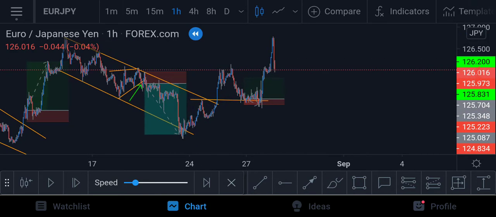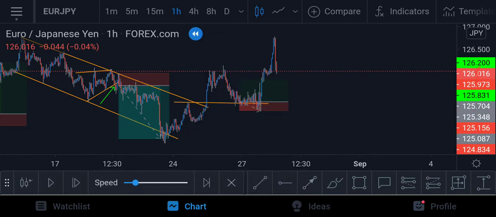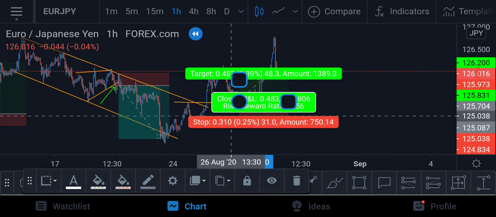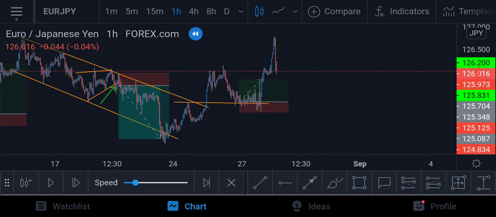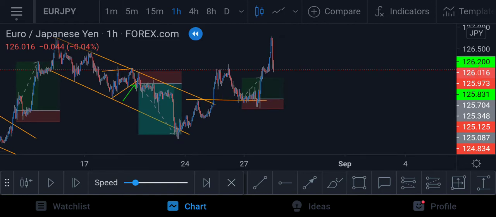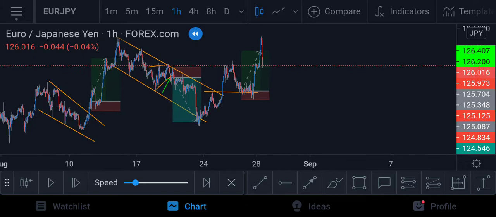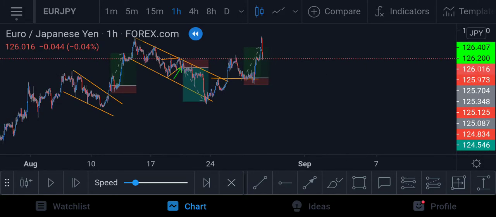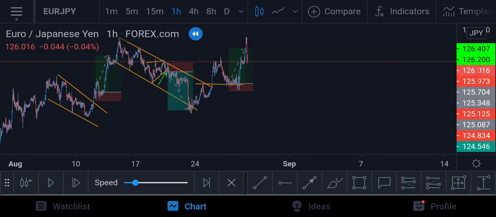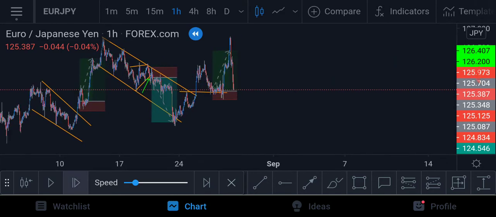But as you can see, if someone had more, let's say 20 pips stop loss, wait a minute, 22, then it would be running in profits. So we can say, let's say we took 5 trades, 3 won and 2 lost, we would still be running in a very good amount of profits.